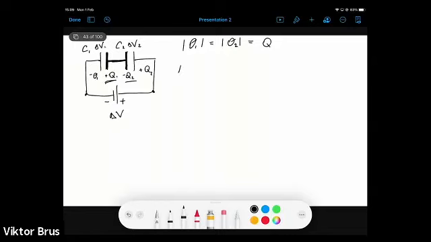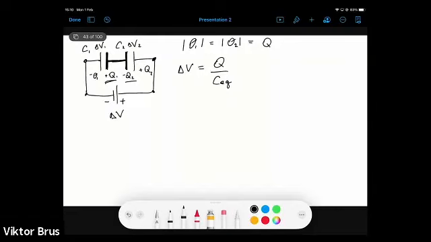And we can write that the total potential difference at the electrodes of this battery of two capacitors connected in series will be equal to the charge which is accumulated by the system of capacitors divided by some equivalent capacitance of this battery.